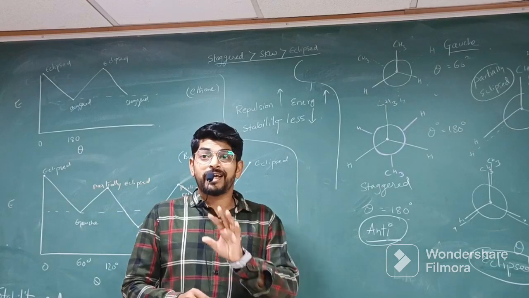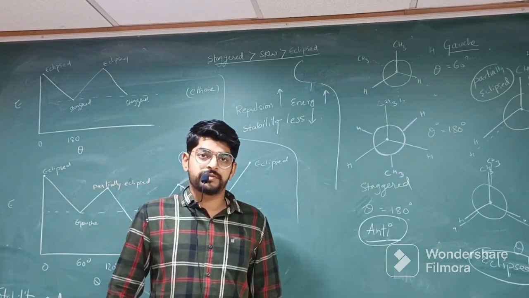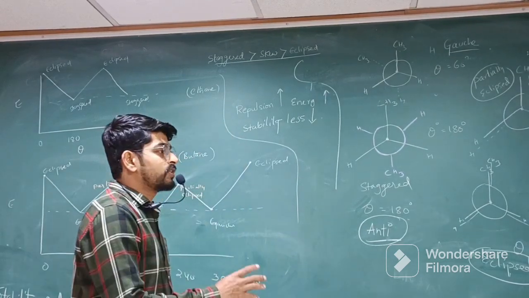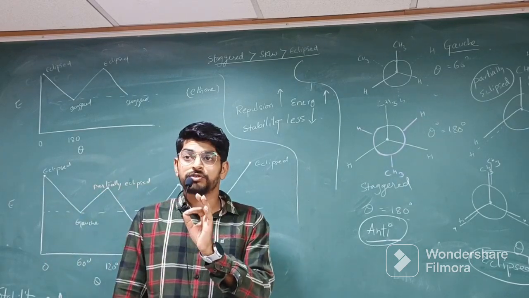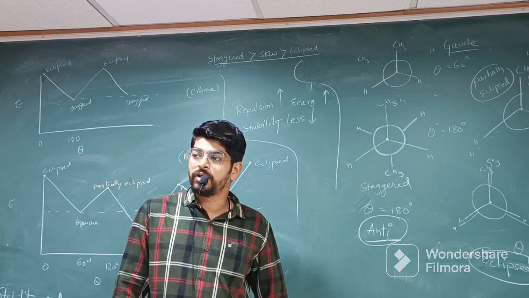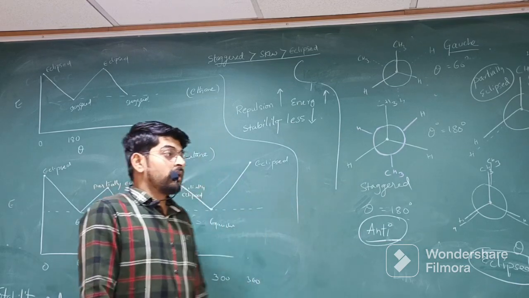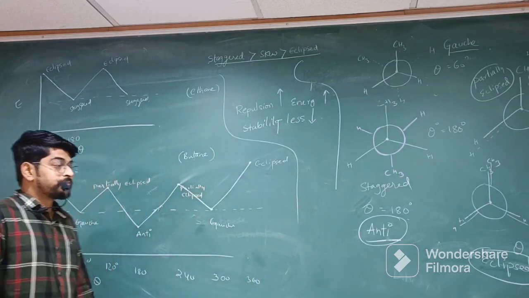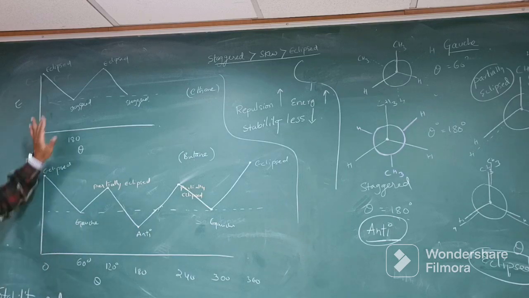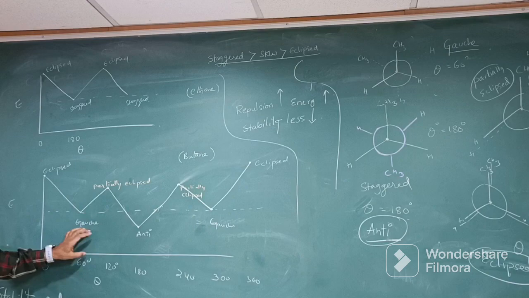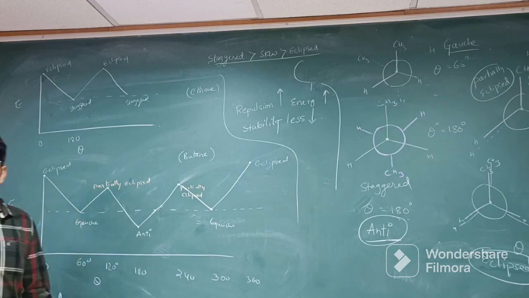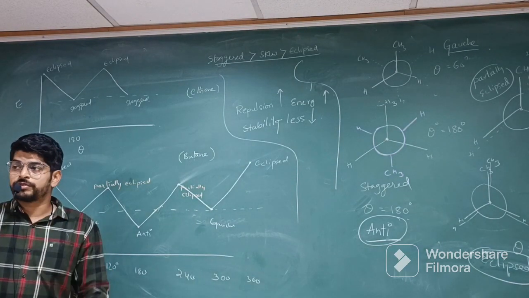Now we'll speak about the energies of all the forms. So how to decide the energies? Energy difference between conformers is because of the repulsions between the groups. I'll start with ethane. This is the energy profile of ethane. This is the energy profile of butane. Earlier we spoke about the two main conformers of ethane.